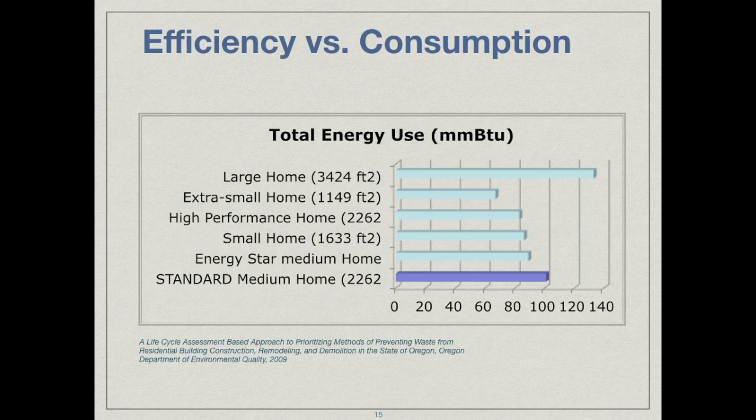But you could actually make a home that uses far less energy by simply making the building smaller, even if it was still built to the building code. Even if it had none of the Energy Star features, that building would consume less energy by virtue of its smaller size. So this is a key factor in looking at zero energy consumption: you want to measure everything based on its consumption, and you don't really care so much about the quote-unquote efficiency.